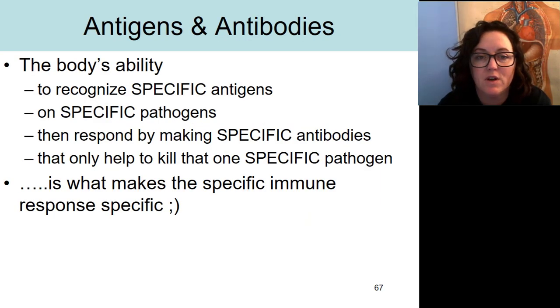So to say this another way, the body's ability to recognize specific antigens on specific pathogens, then respond by making specific antibodies that only help to kill that one specific pathogen, is what makes the specific immune response specific.